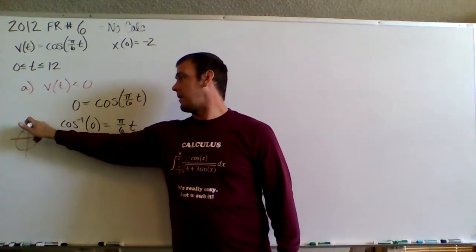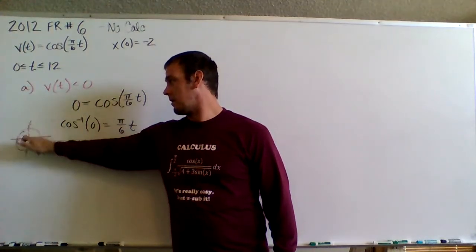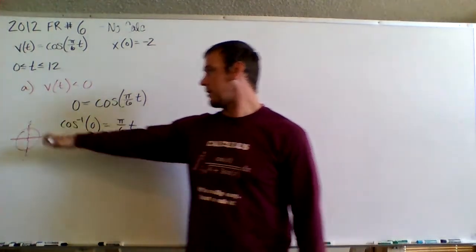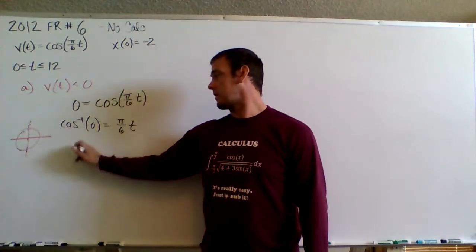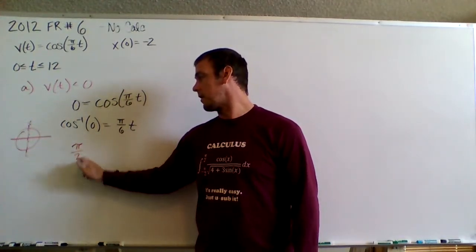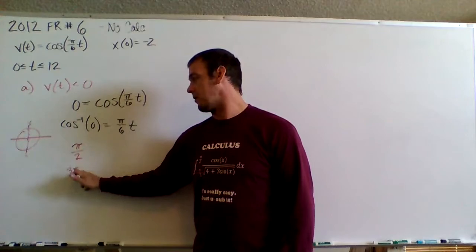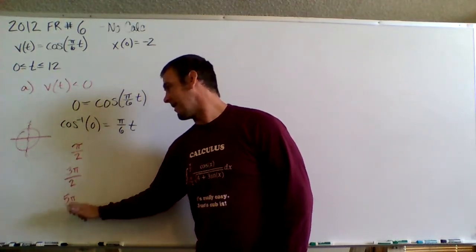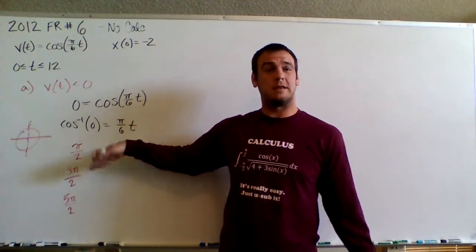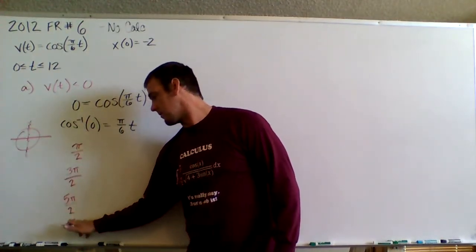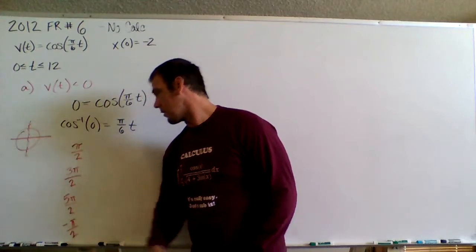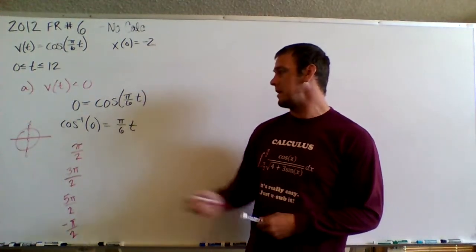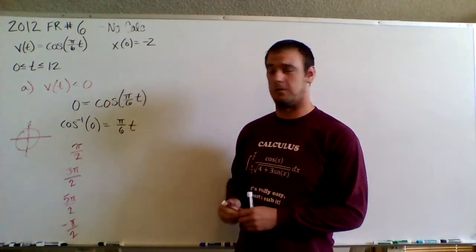It's going to be 0 on our y-axis at pi over 2. It's also at 3 pi over 2, 5 pi over 2. If I were to go in the other direction, it would be negative pi over 2. All of these are going to be equal to pi over 6t.